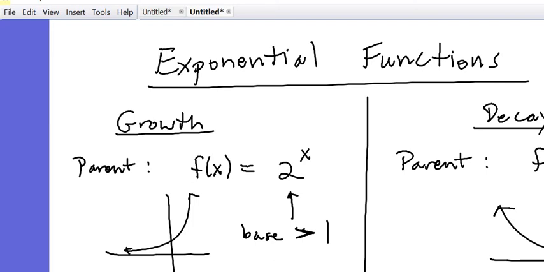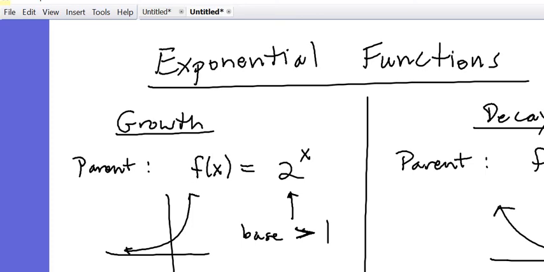Now, what is another characteristic of the parent growth and decay functions? Notice that there is a horizontal line that this curve approaches but never touches. What do we call a line that you approach and never touch? Asymptote.